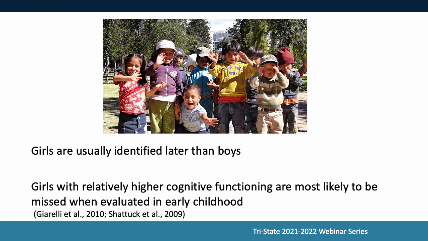And there's a lot of different reasons for this. It's possible that there's some core social relatedness and some strengths that young girls can bring to the table that really help them to present well. But at around the ages of 8 to 10, when the social world gets much more complex and more is expected of them in the moment in a dynamic way, that's when some of their social impairments may emerge.